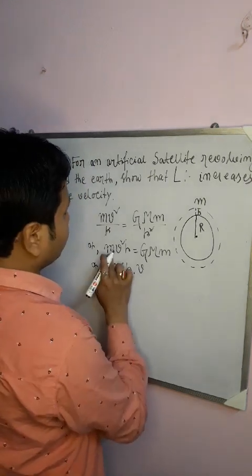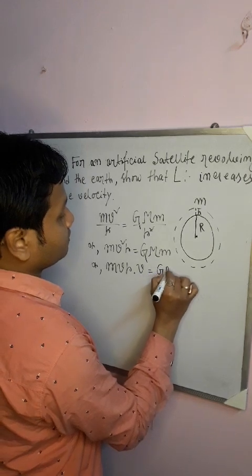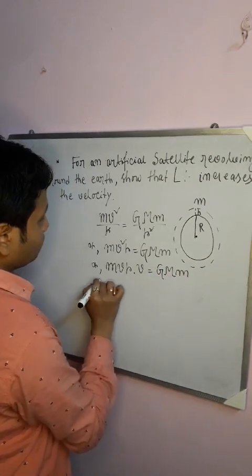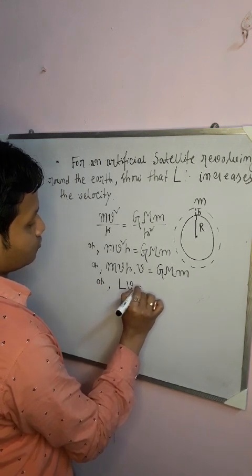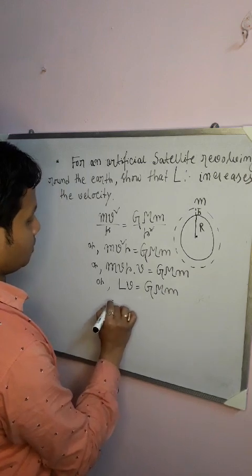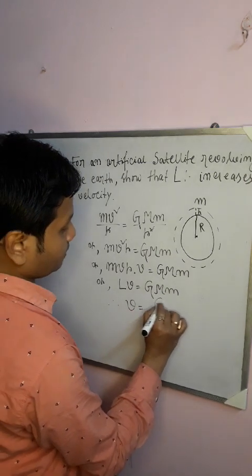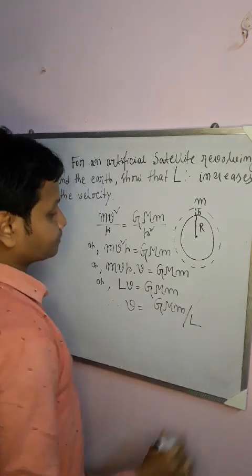So we can write mv square by r as mvr into v. Now you can put L instead of mvr. So Lv is simply GMm. So what will be my v? My v will be GMm upon L.